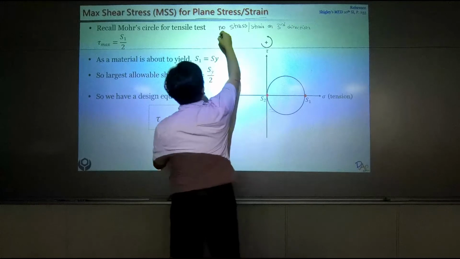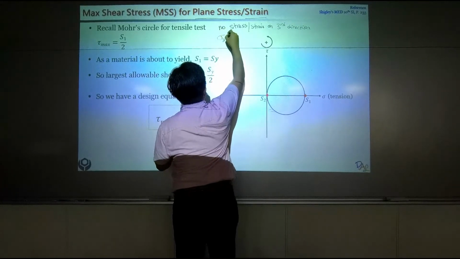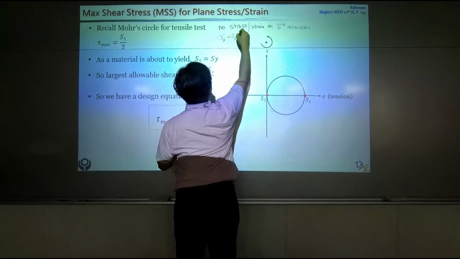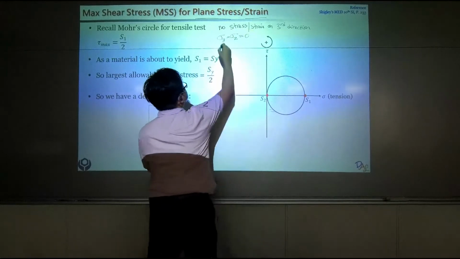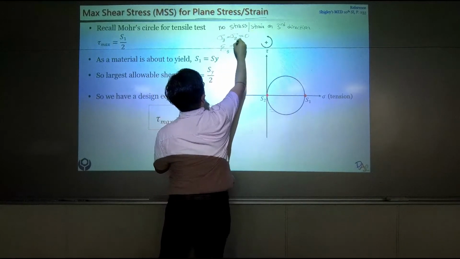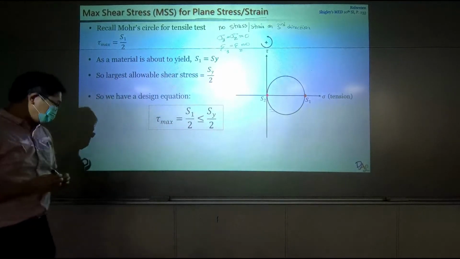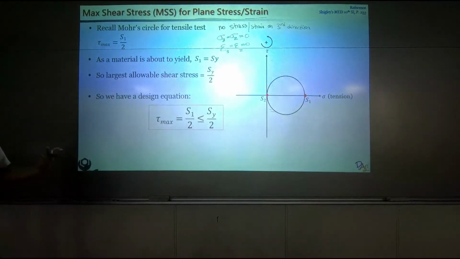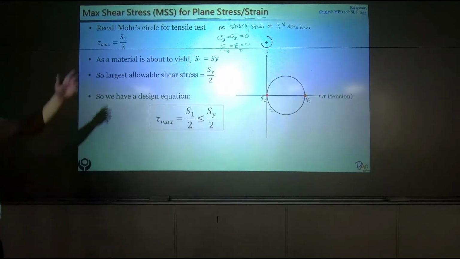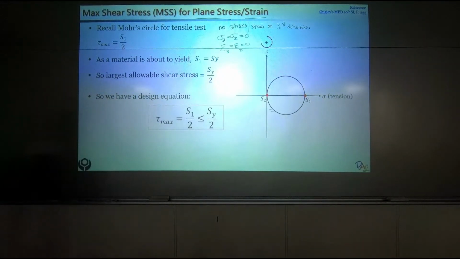Or you can say sigma 3 or sigma z is 0, or strain 3 or strain z is 0. Okay? We just focus on 2D problems. Okay, for plane stress or plane strain.